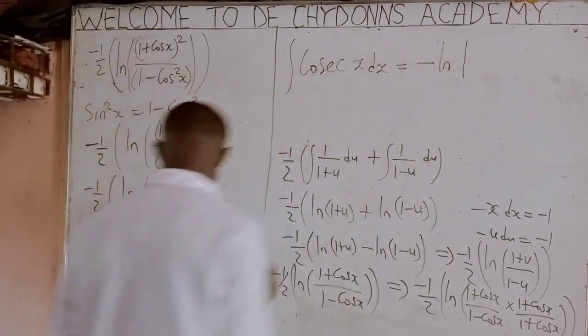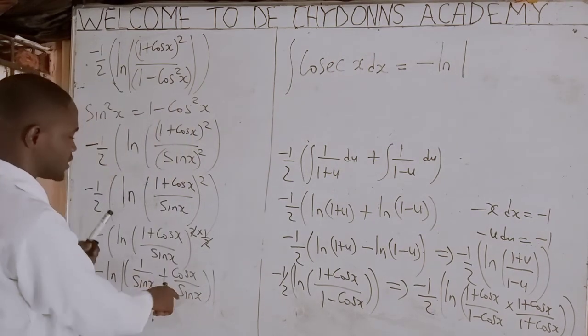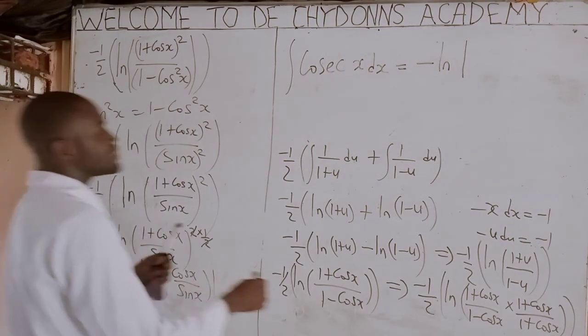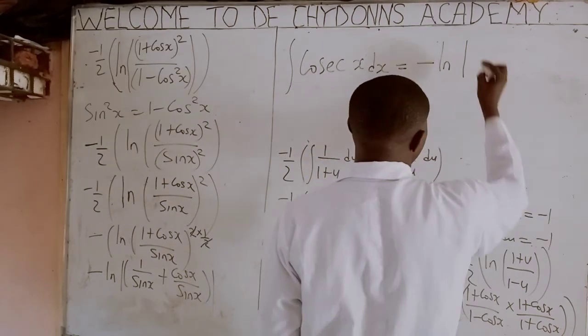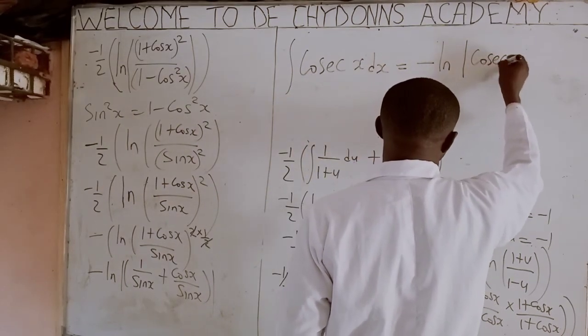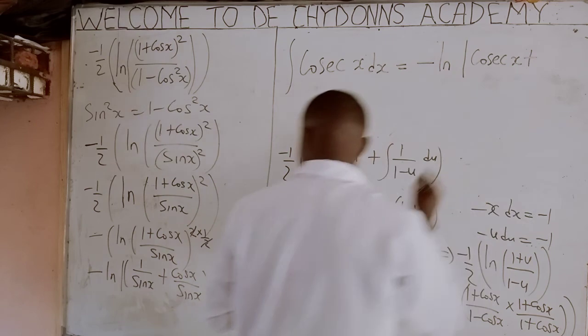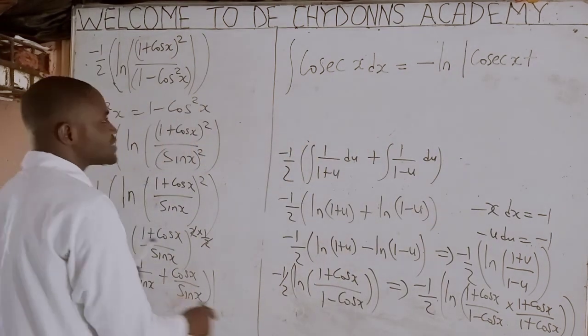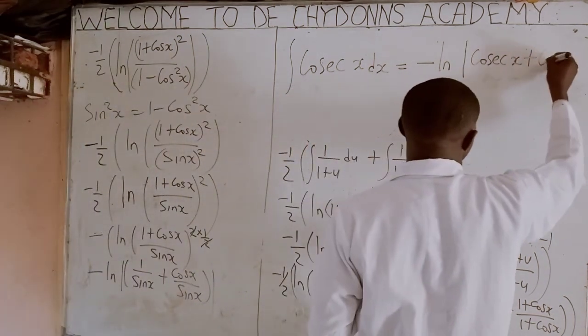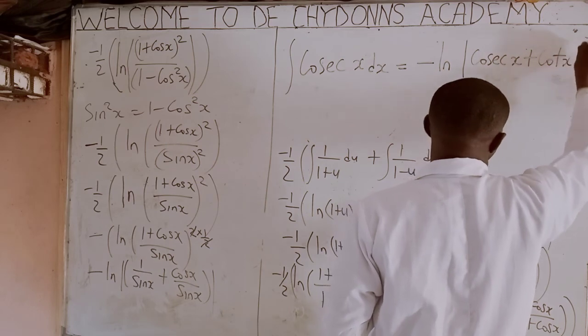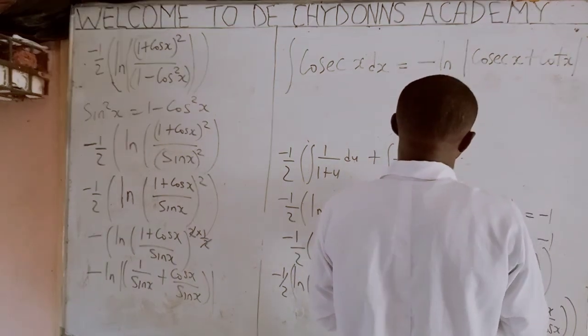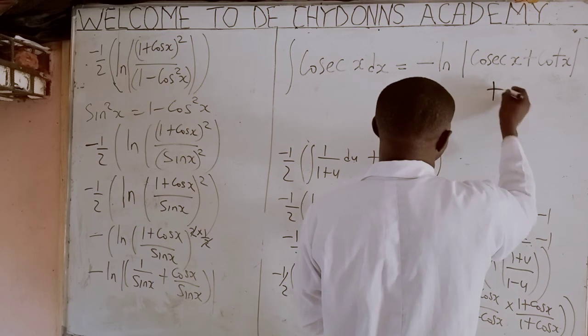We want everything here to be positive. 1 over sin x is cosec x, plus cos x over sin x is cot x. Once you finish writing, you say plus c.